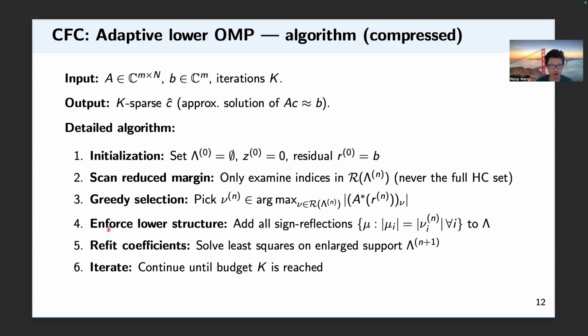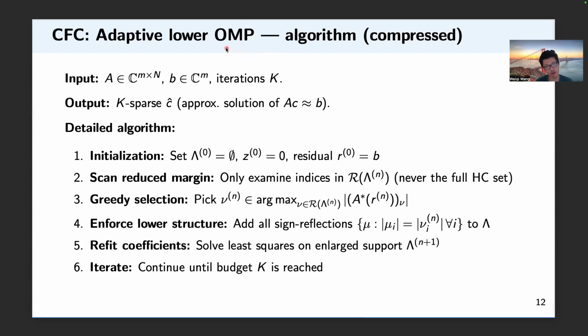Then we add all sign reflections of the best candidate to make sure the index set lambda preserves the lower structure. Then we refit the coefficients. We solve the least squares on the new index set, and repeat this K times until the budget K is reached. Okay, so this is the Fourier collocation method using adaptive lower OMP. OMP means orthogonal matching pursuit.